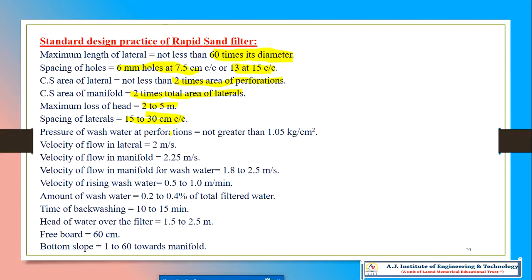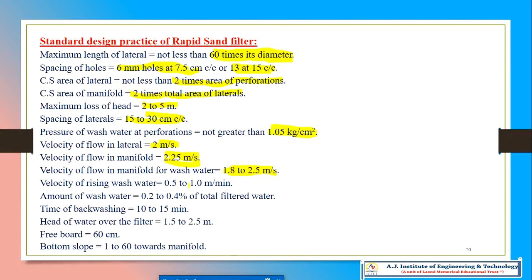Pressure of wash water at the perforation is not greater than 1.05 kg per square centimeter. Velocity of flow in the lateral should be 2 meters per second, in the manifold 2.25 meters per second, and in the manifold for wash water 1.8 to 2.5 meters per second.